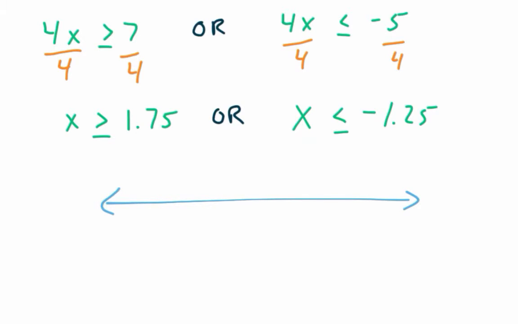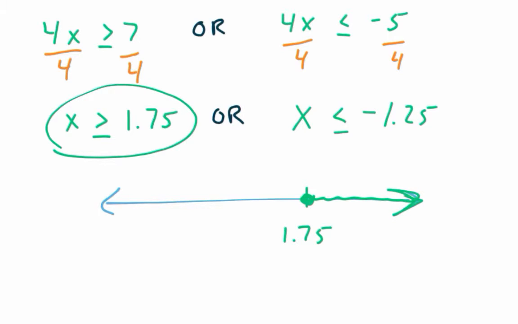And for this one over here, I'm going to do that in the green. So we have x is greater than or equal to 1.75, so I'll put my 1.75 there. It'll be a filled in circle, and x is greater than that, so we shade to the right. Then for that next one, we have negative 1.25.